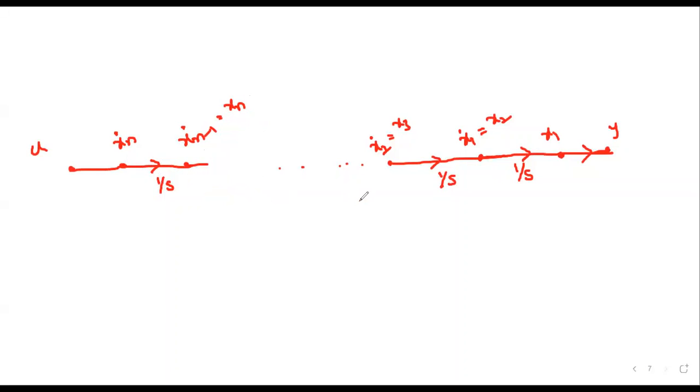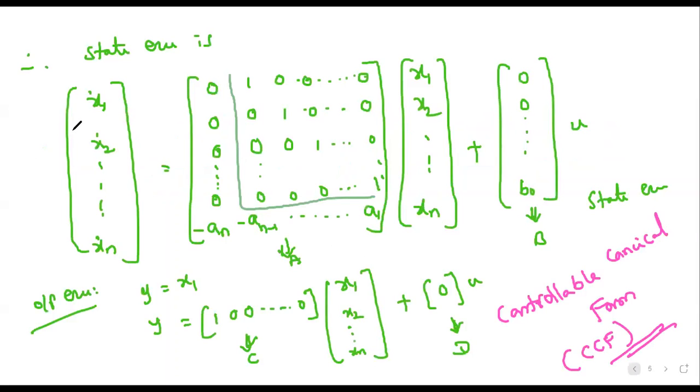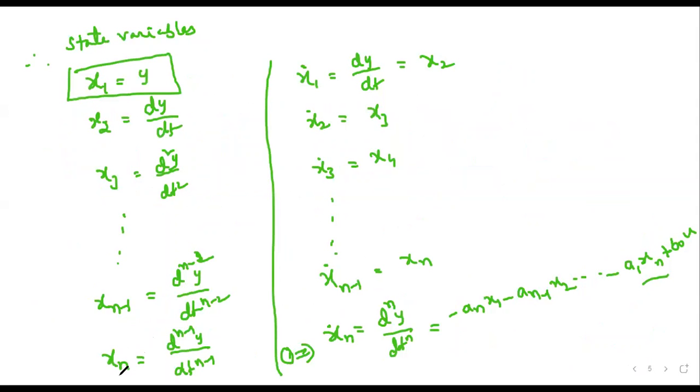Okay. Now, after implementing these equations, we have done up to xn minus 1. What about xn? x1 dot is over, x2 dot is over, x3 dot is over, and so on. xn minus 1 dot is equal to xn. Till this point it is over. Then the next is xn dot.